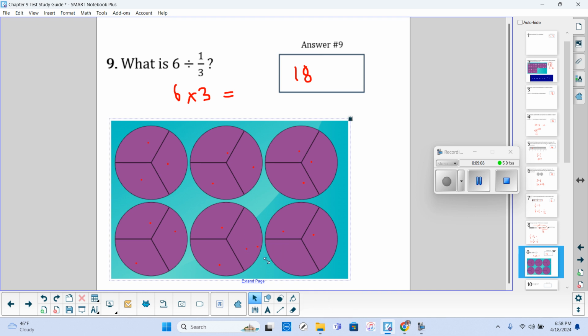You get what I'm saying. Little mess up with my dots, but there you go. Now I have a dot in each of the different pieces. So you have 18 equally sized parts of 1/3, so 6 divided by 1/3 is 18.